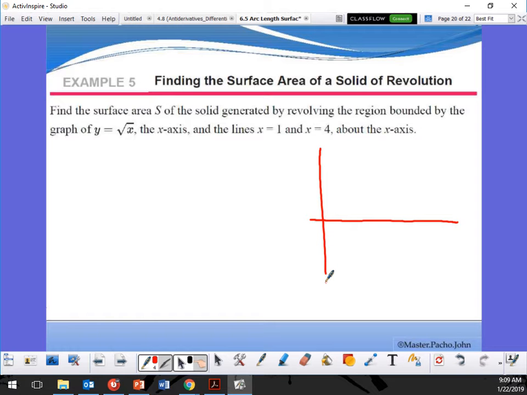It is bounded, square root of x looks something like this. Here's my x-axis, here's 1, and it goes to 4.